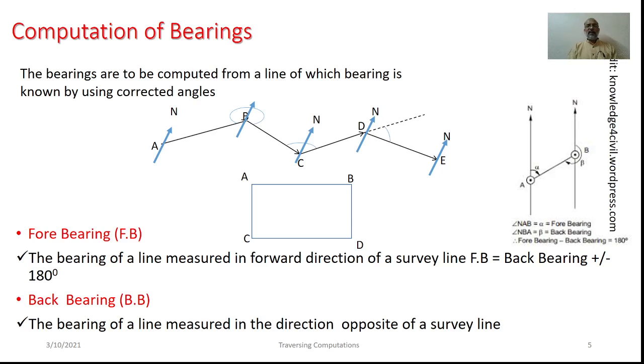So for a given figure, the bearings are to be computed from a line of which the bearing is known by using corrected angles, and as discussed previously, the bearing of the line measured in the forward direction of the survey line is nothing but the fore bearing. It can be determined by back bearing plus or minus 180 degrees. In a similar manner, the back bearing is the bearing of the line measured in the direction opposite to the survey line.